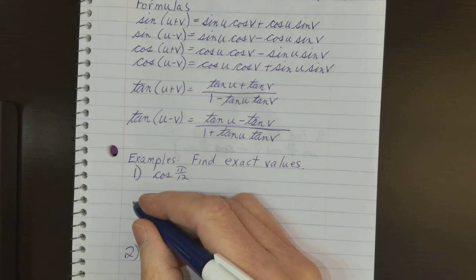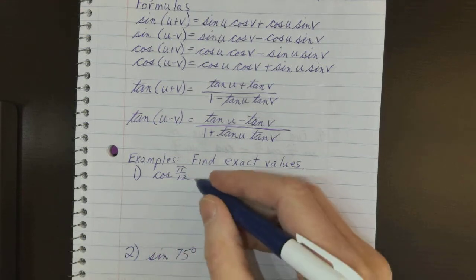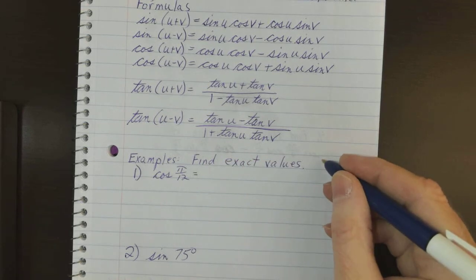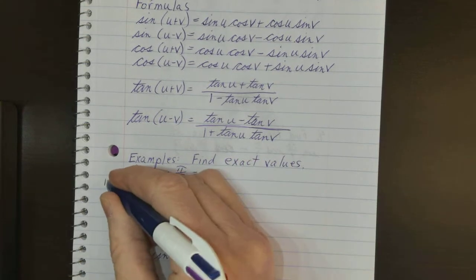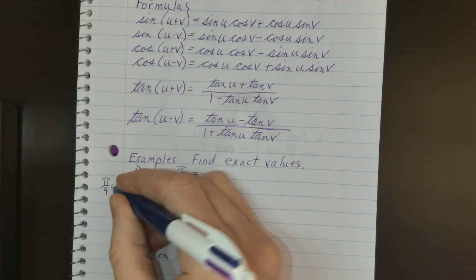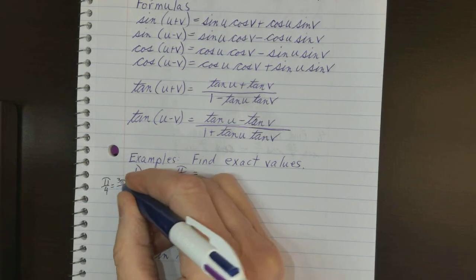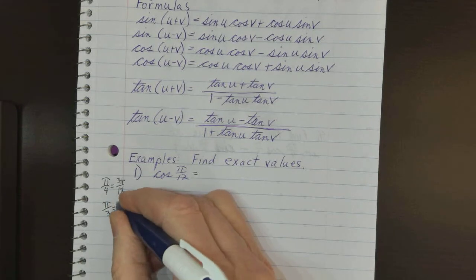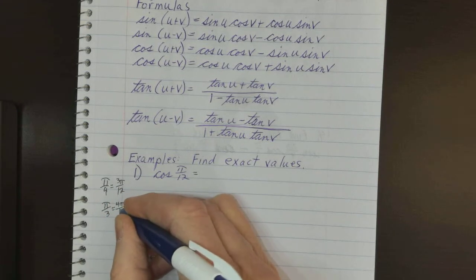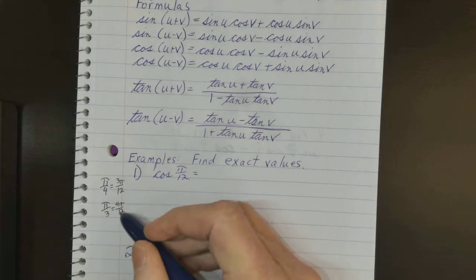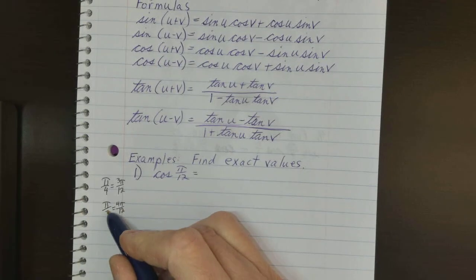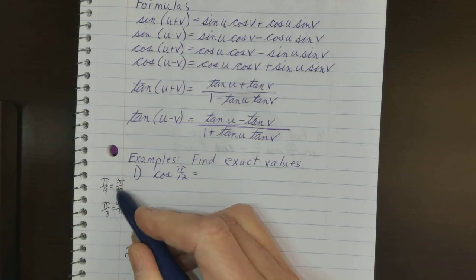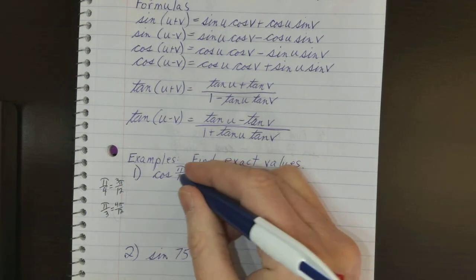So I'm thinking twelfths, and one of the things that occurs to me is pi over 4 is 3 pi over 12, because I'm thinking twelfths here, and pi over 3 is 4 pi over 12. And if I were to take pi over 3 minus pi over 4, I'd have 4 pi over 12 minus 3 pi over 12, which is pi over 12.